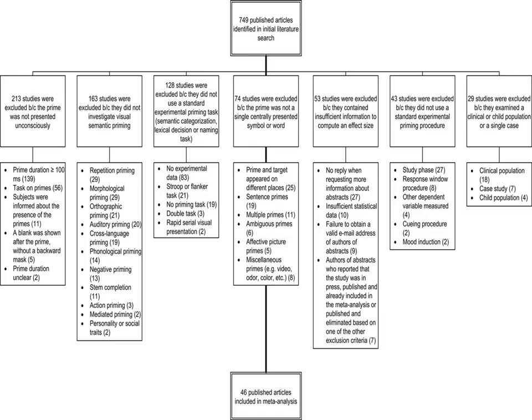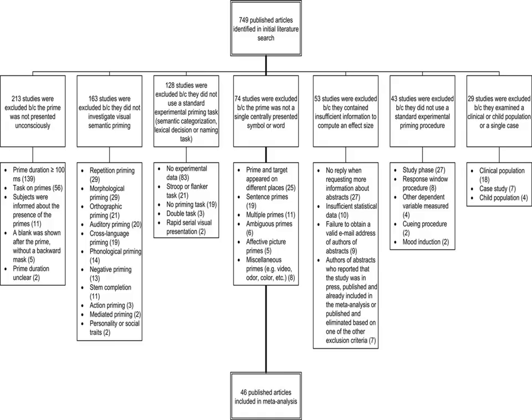In this study, we found, based on a search in databases, 749 published articles. And here you can see an overview of what happened to these articles, so how many studies we excluded for various reasons.